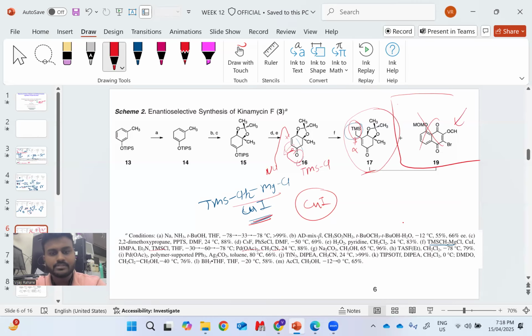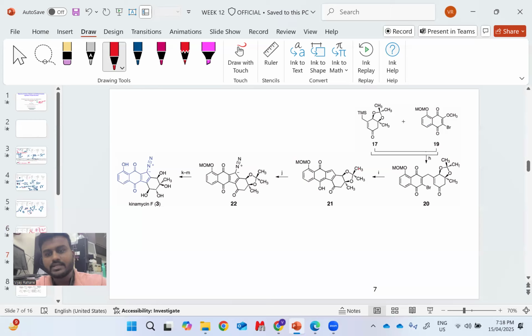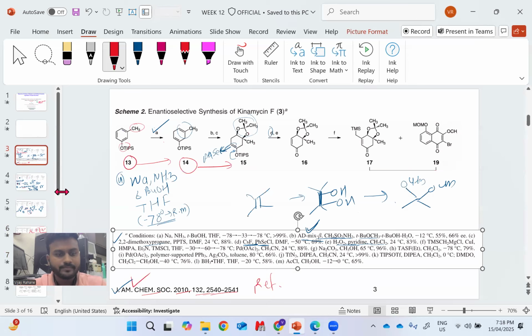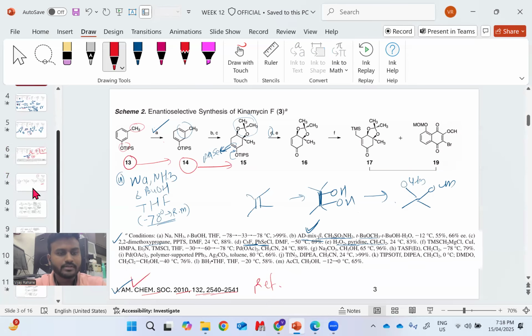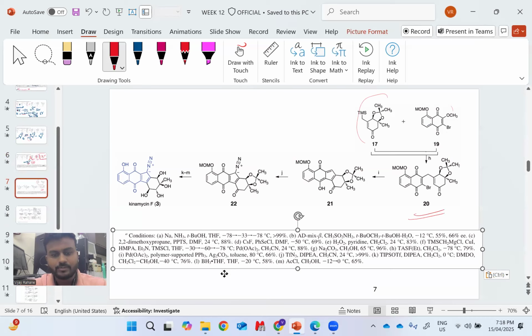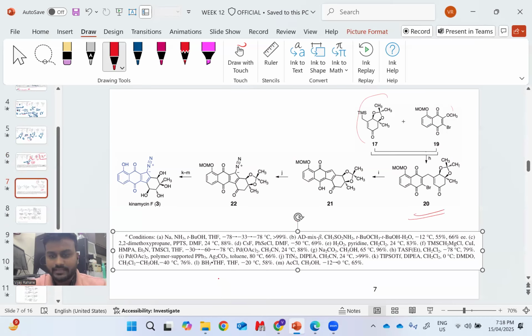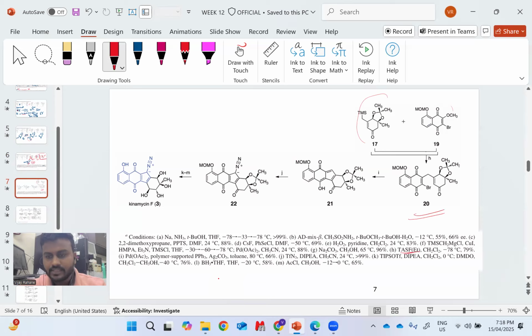And the next step for this synthesis is the reaction of this 17 and this 19 to form this product. The reagent combination used to perform this step is TASF, ethyl, and DCM at minus 78 degrees Celsius.